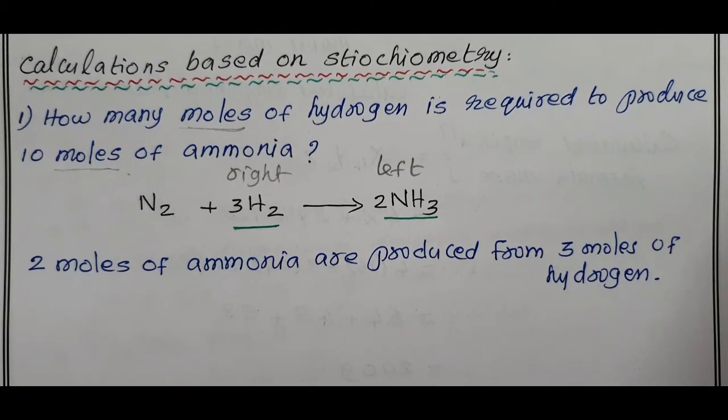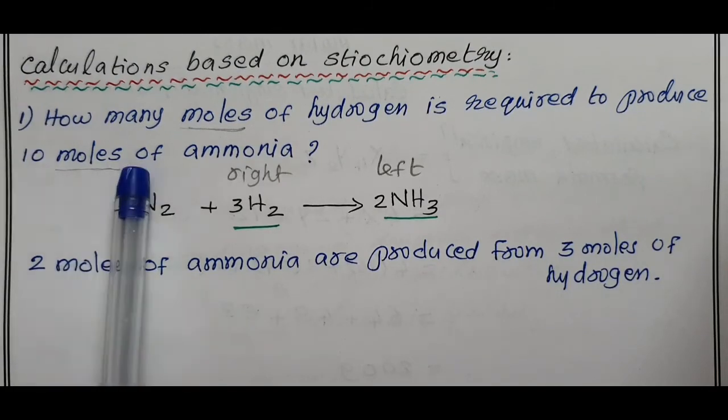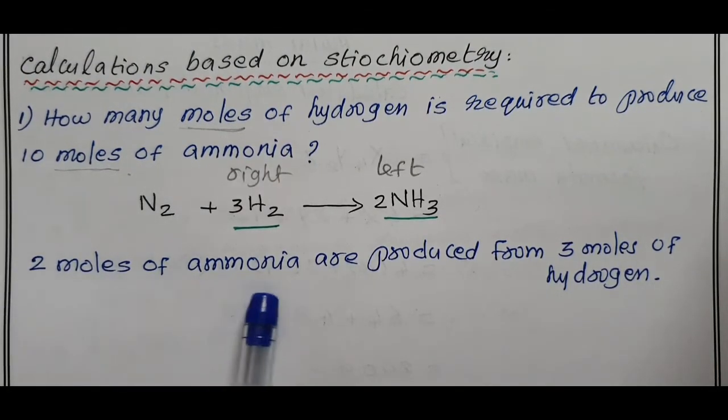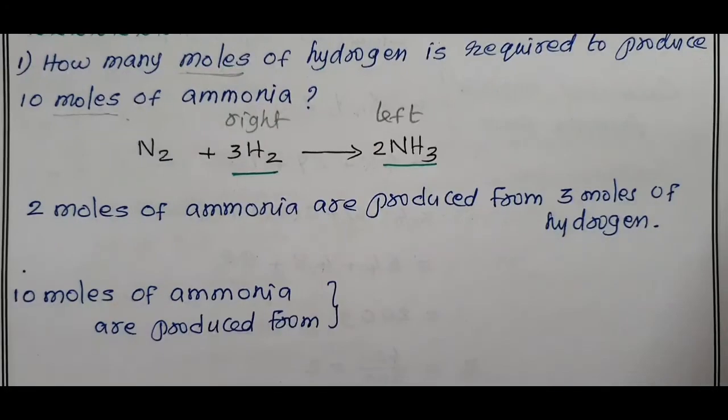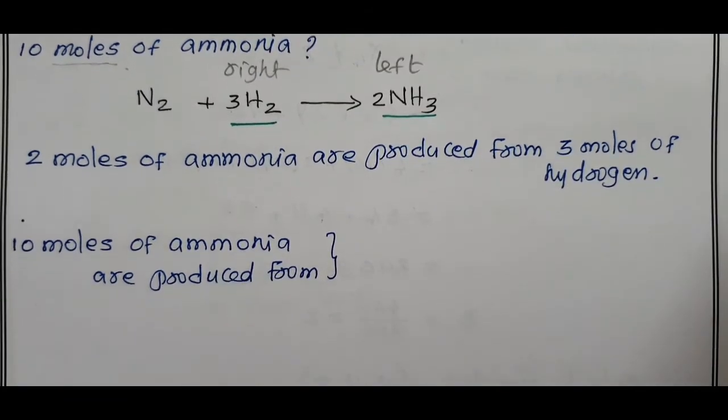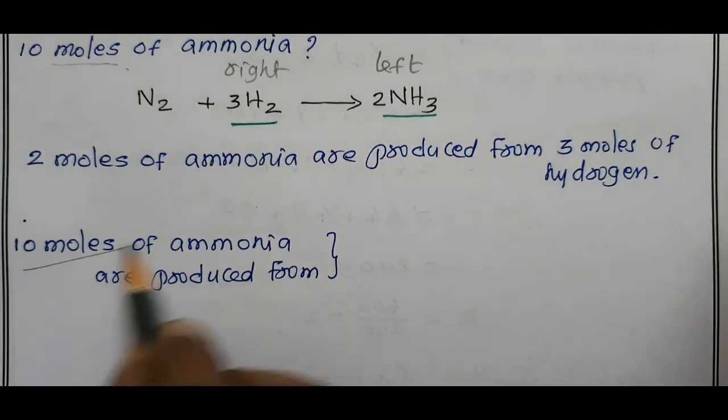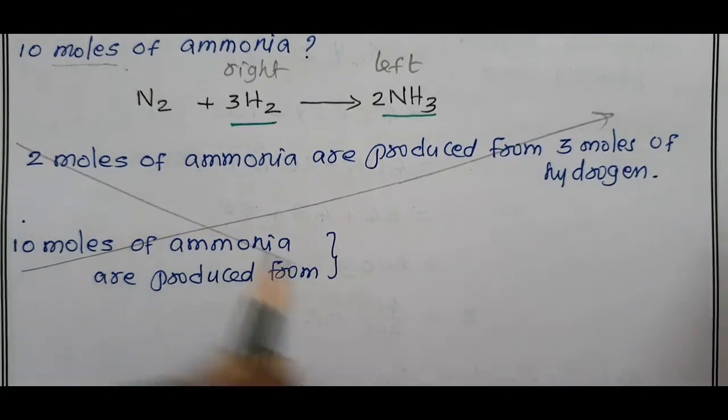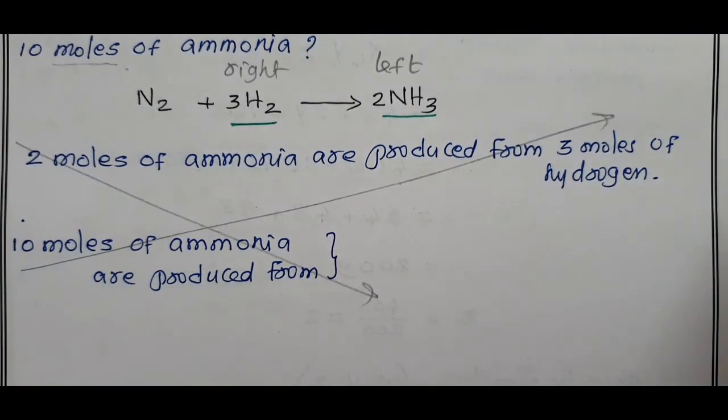Now, the second sentence is from the problem. 10 moles of ammonia are produced from how many moles of hydrogen? Simple cross multiplication divided by the given value. I will solve all the problems in this way only.